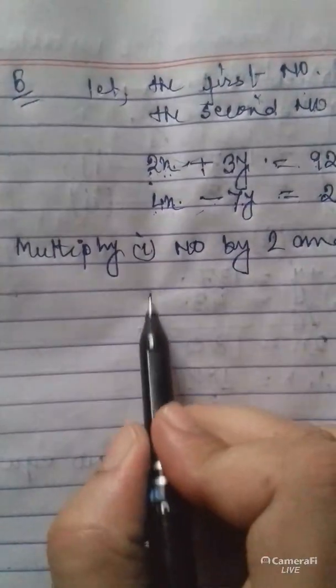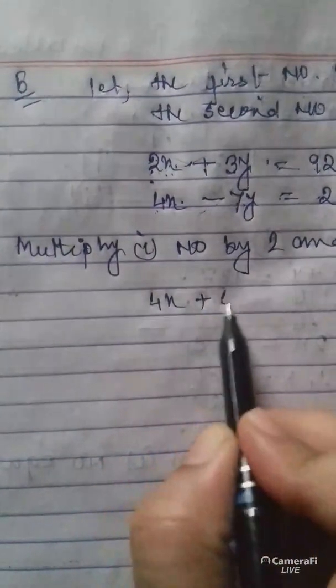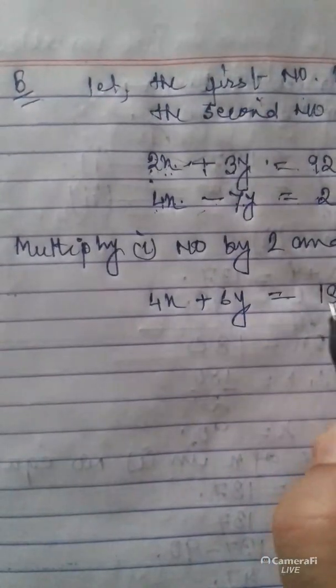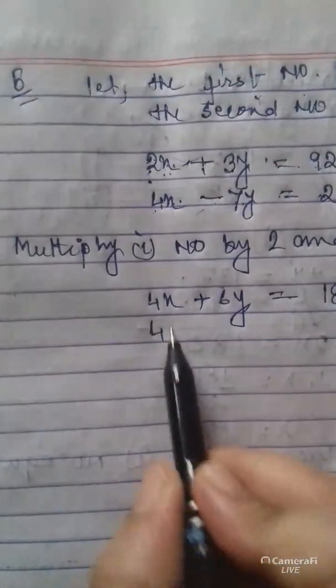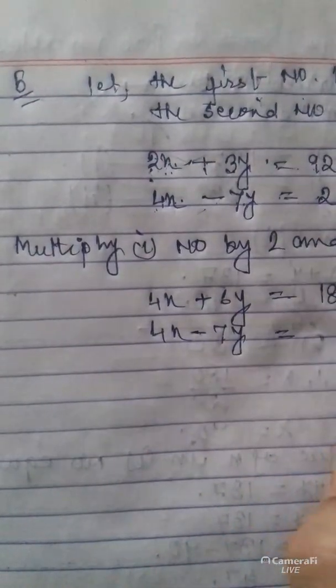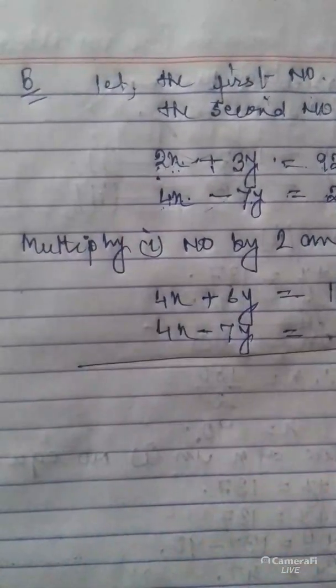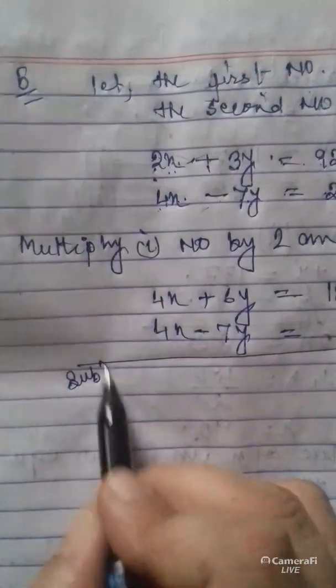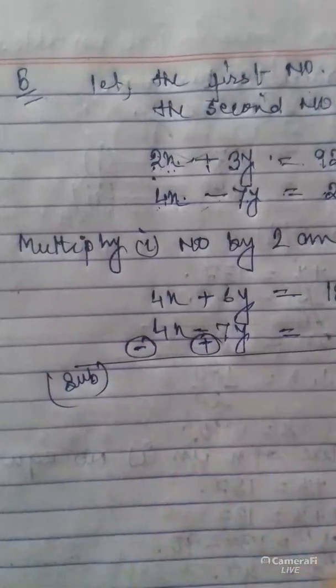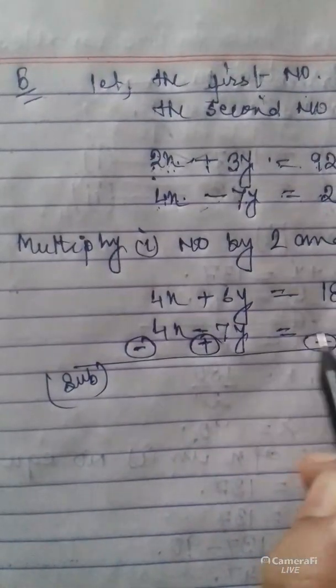So we get 4x plus 6y equal to 184 and 4x minus 7y equal to 2. We have to subtract it. Then change the sign. This is minus, this is plus, this is also minus.